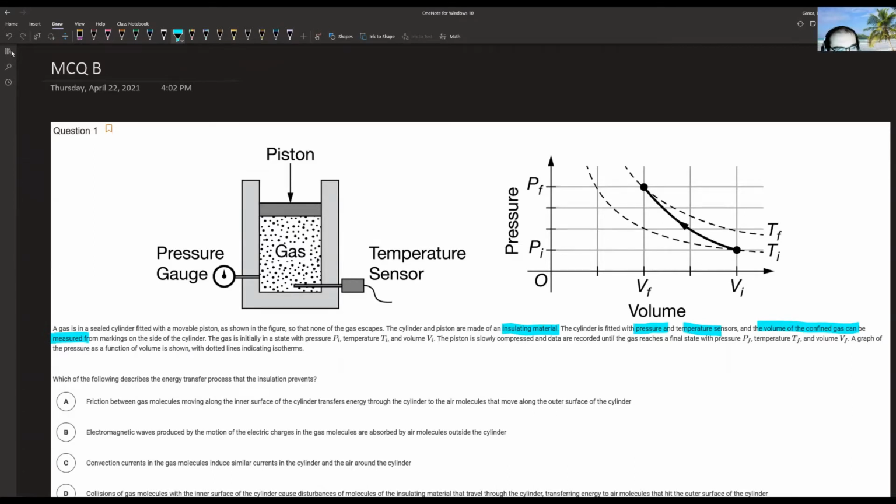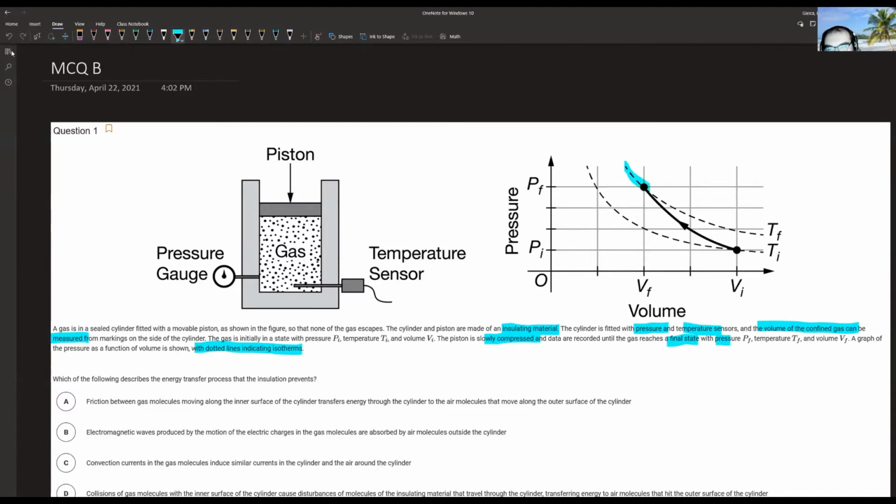The gas is initially in a state with pressure PI, TI, and VI. The piston is slowly compressed and data are recorded until the gas reaches a final state with a pressure PF, TF, and VF. A graph of the pressure as a function of volume is shown, with dotted lines indicating isotherms.